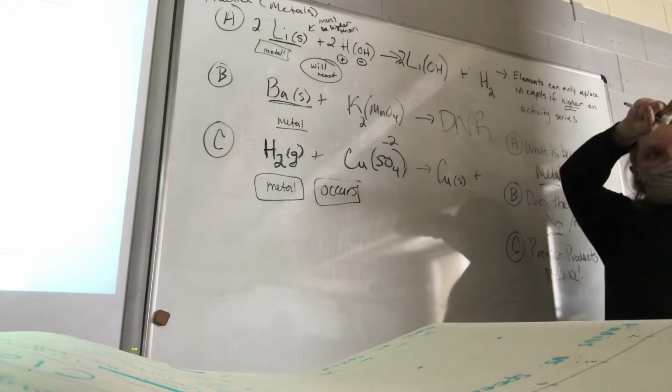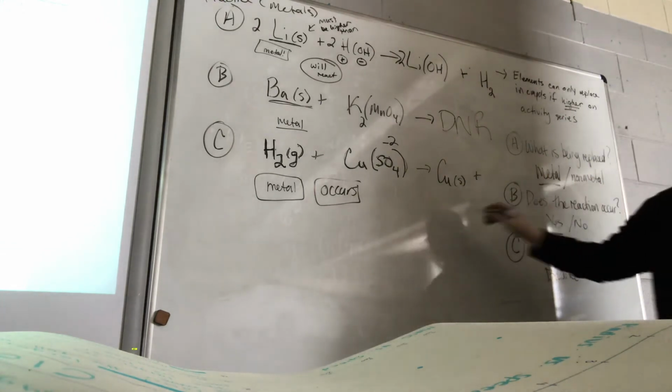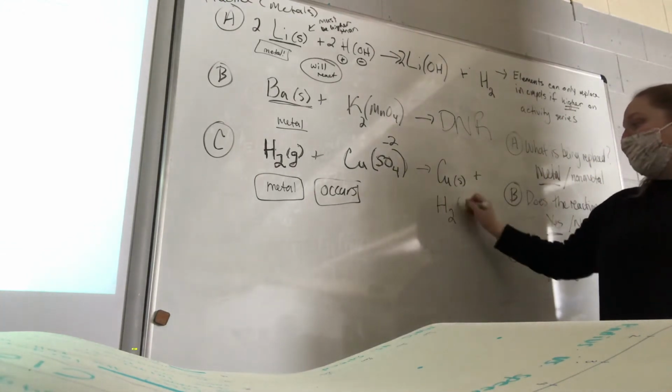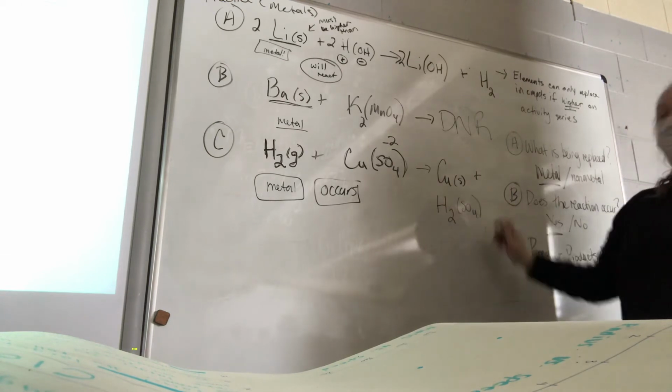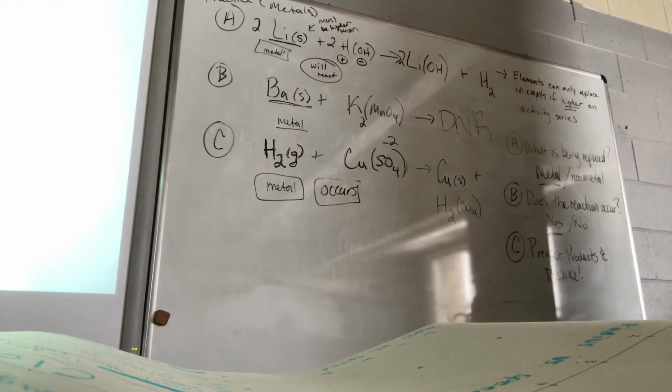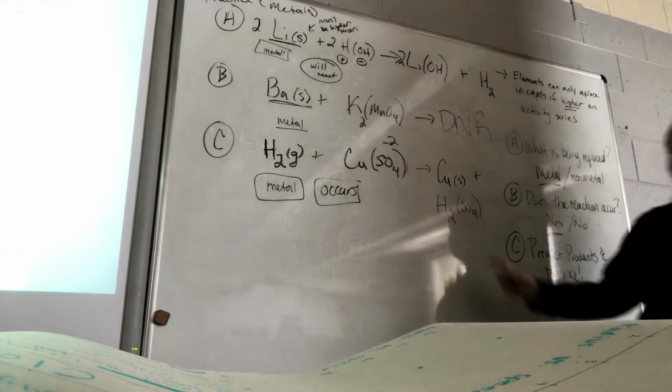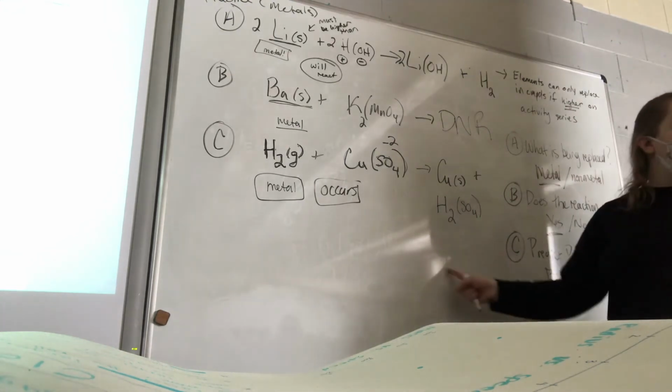Based on its location? +1. So the other thing you should have written should have been H2SO4. The trickiest part of these is not, does it react or not? The trickiest part is remembering how to write your formulas for neutral compounds.